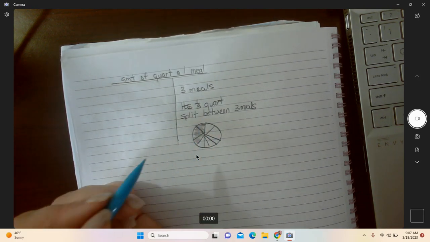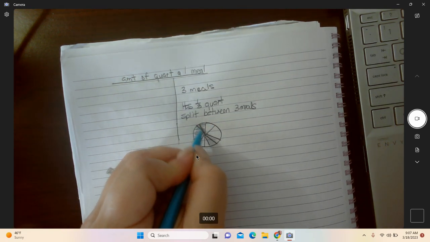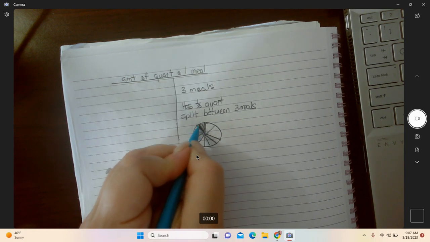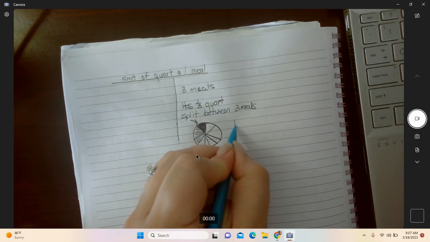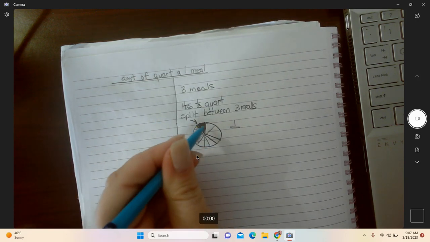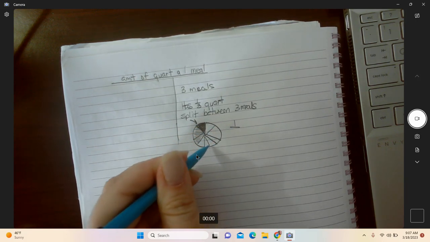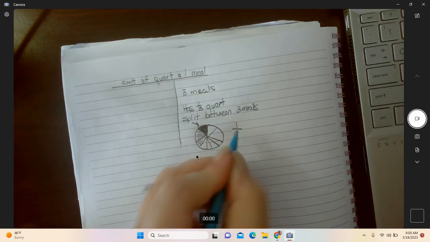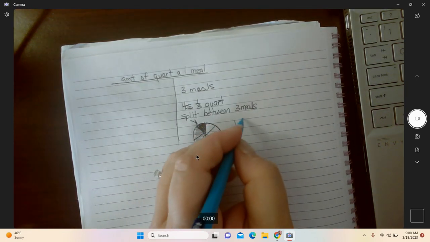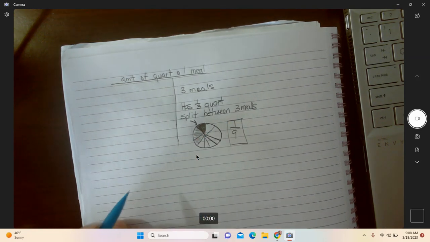All right, I know that doesn't look even, but we did do it right. So we're looking for just this one right here. I'm going to color that really, really dark. So that is 1 out of how many? 1, 2, 3, 4, 5, 6, 7, 8, 9. 1/9. So it looks like she will be able to drink 1/9 of a quart at breakfast and 1/9 of a quart at lunch and 1/9 of a quart at dinner.